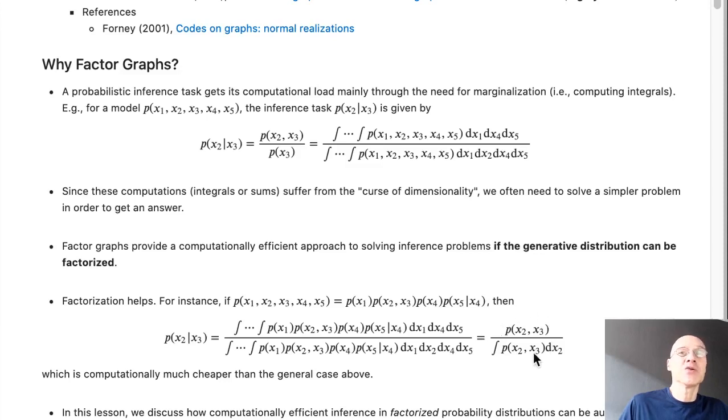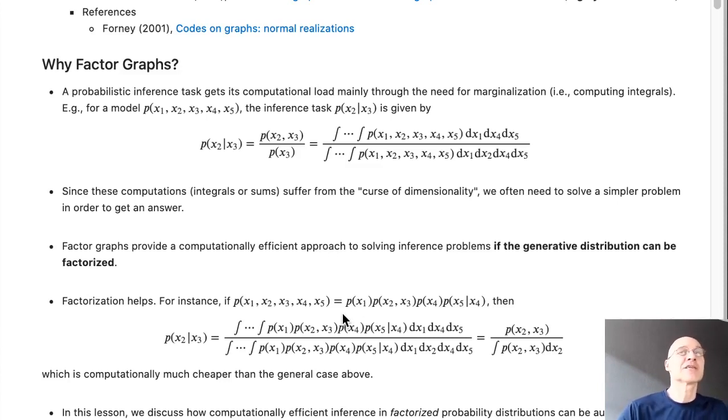That means I can compute this conditional by only looking at this smaller factor P of x2, x3 and integrating, and having a one-dimensional integral over x2 is really all I need to do. So by imposing these factorization constraints, we can really cut down the number of computations.